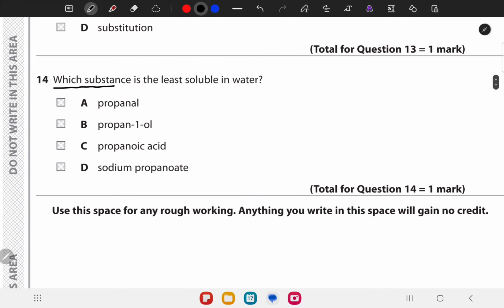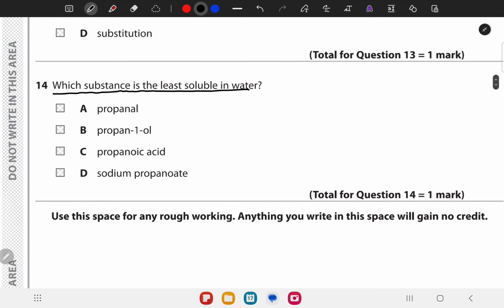Now in question 14, we are told which substance will be least soluble in water. Sodium propanoate is a polar solute, so it will be the most soluble here.